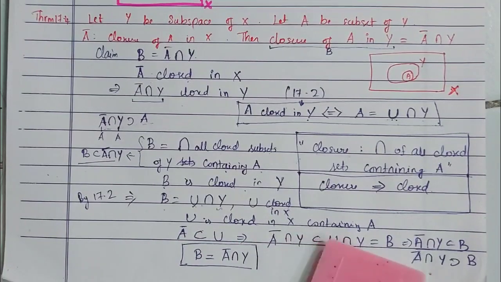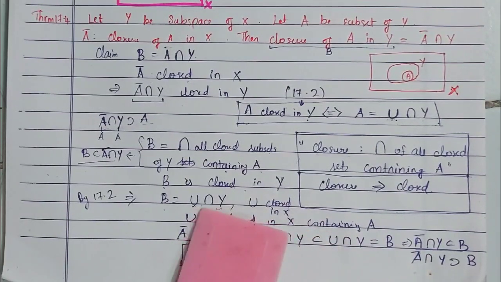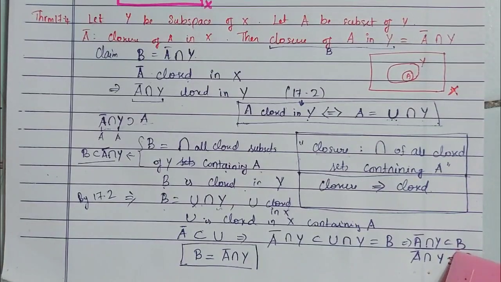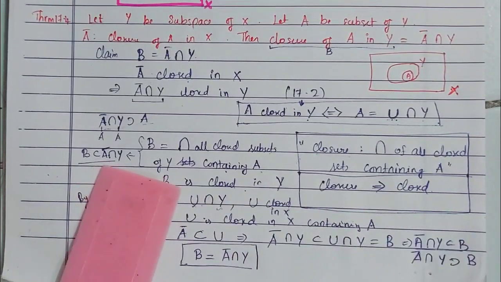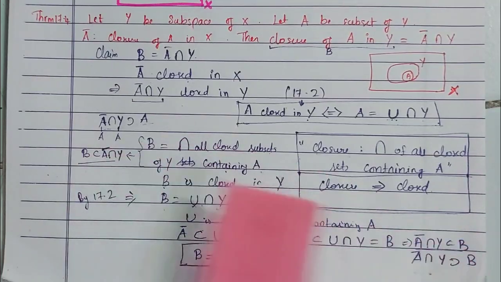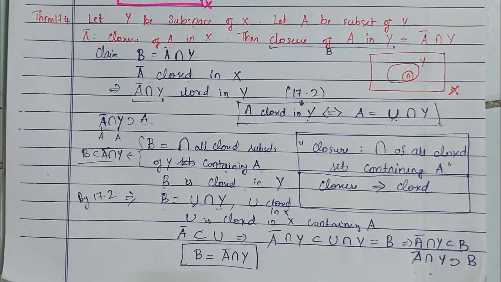And you know this U intersection Y is B, so I can replace this with B. So A closure intersection Y is contained in B. So I have already got this, and I have got this now. So by equating, I am getting this. So hence the theorem is proved.